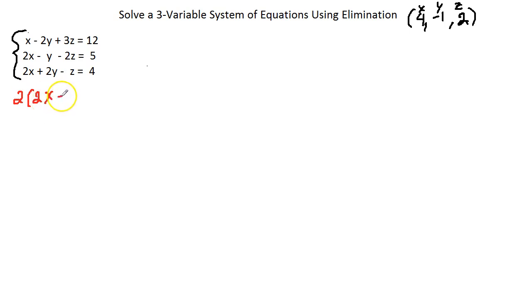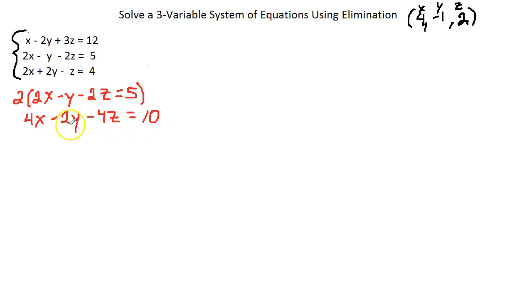So I'm going to say 2 times equation 2, which is 2x minus y minus 2z equals 5. Multiply everything times the 2. So 2 times 2x gives me 4x. 2 times -y is -2y. 2 times -2z gives me -4z. 2 times 5 gives me 10.